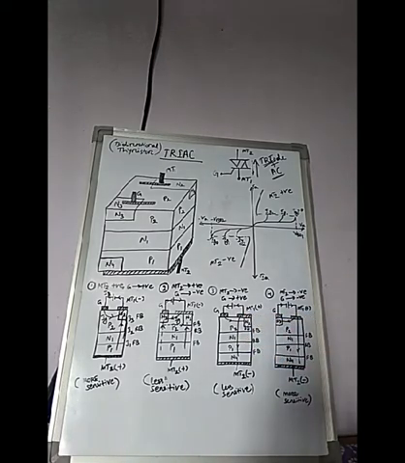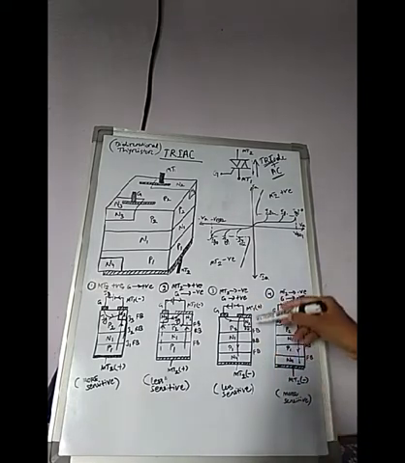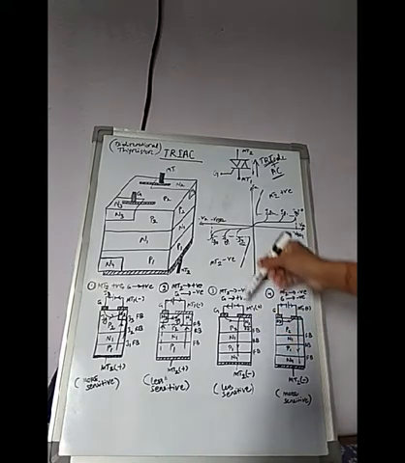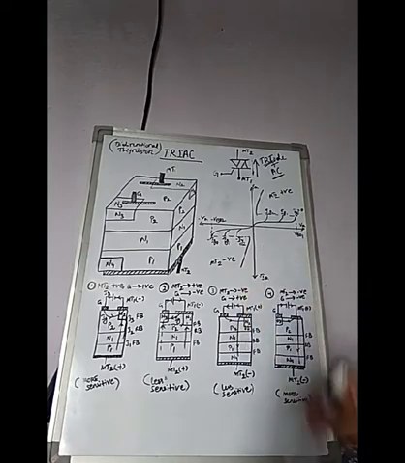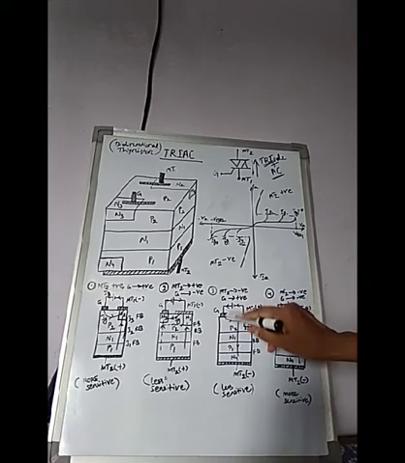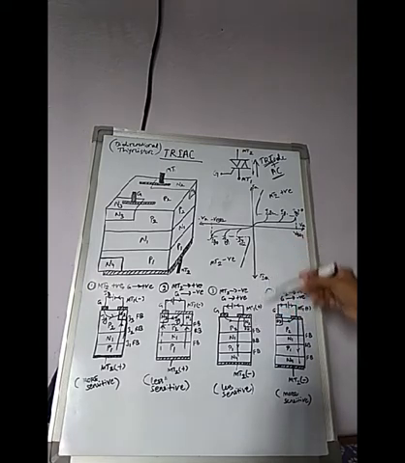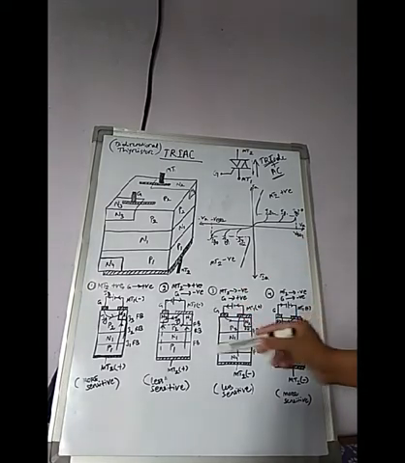After gate current Ig forward biases the P2 N2 junction, what happens? This layer N2 injects electrons into the P2 layer, as shown by this arrow mark. When gate current flows in this direction, N2 injects electrons in the opposite direction of gate current.